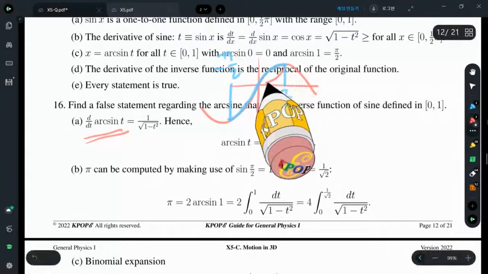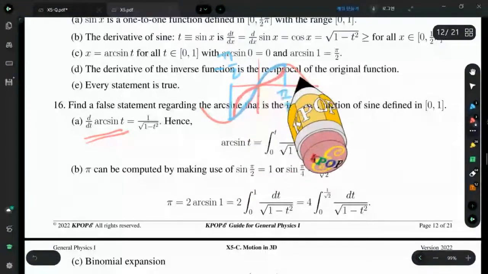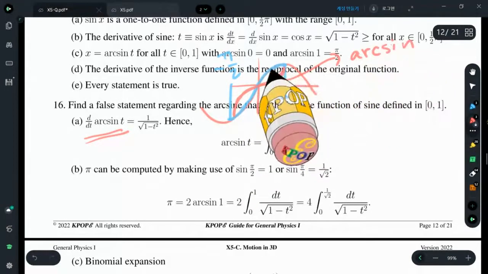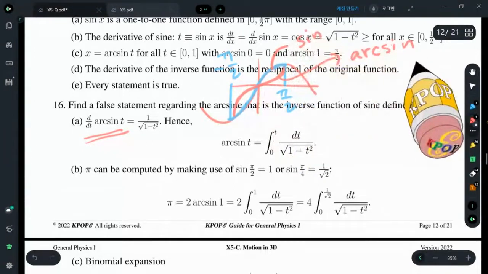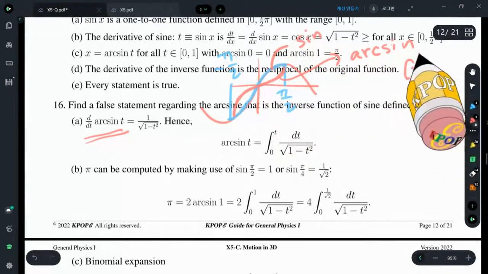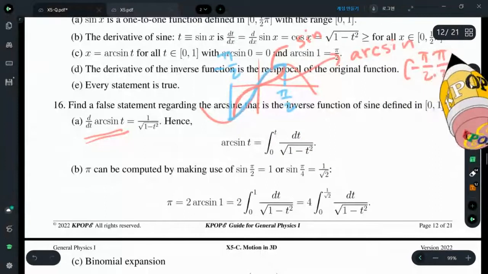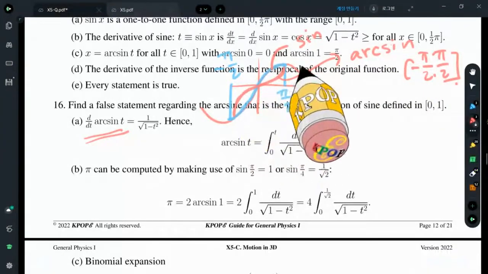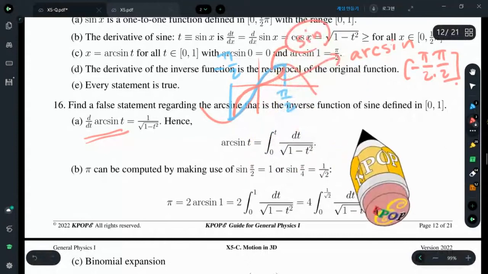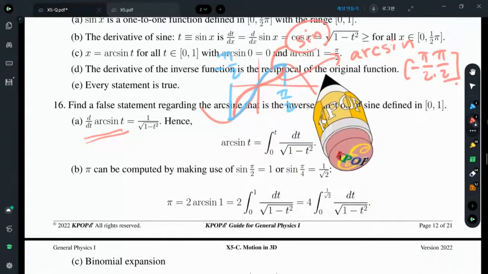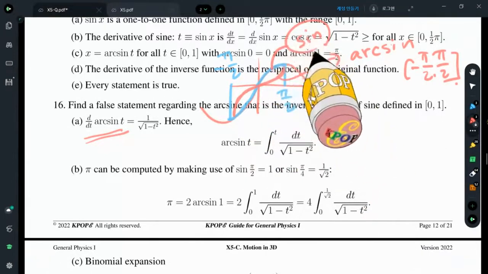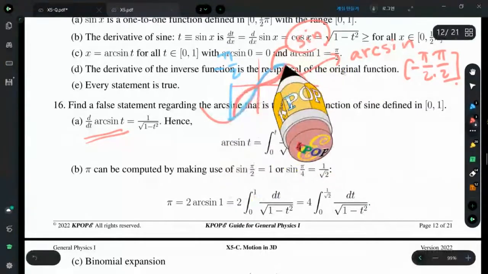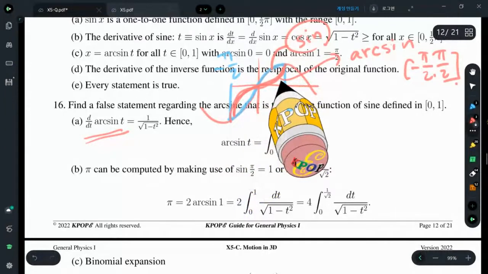The inverse function is this one, and this is arc sine, and this is sine, defined in the region minus 1/2 of pi to half of pi. Because you know how to compute the derivative of sine, sine's derivative is cosine, right? So using that relation, you can find the inverse function's derivative.